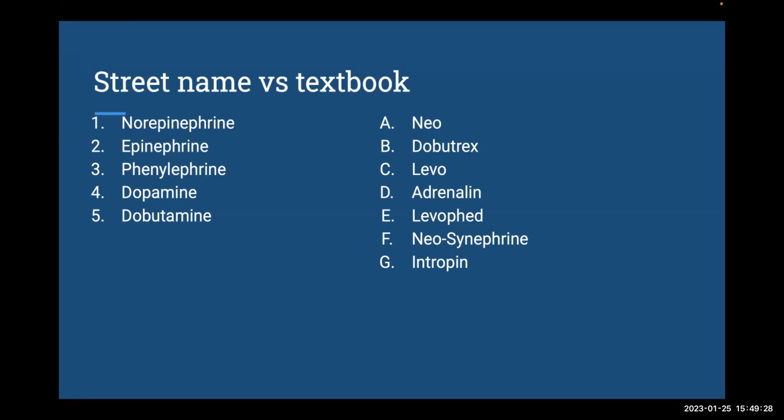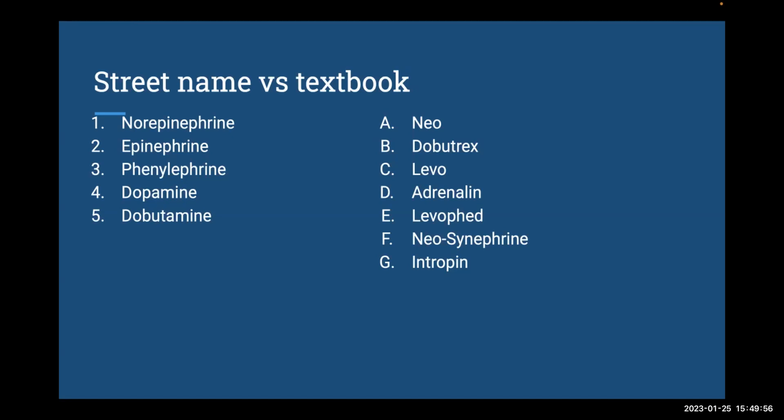I believe norepi is Levophed. Okay, so we'll put E. Any other one? And C. Okay, so we got one for E and C. What about two? Adrenaline. What about three?